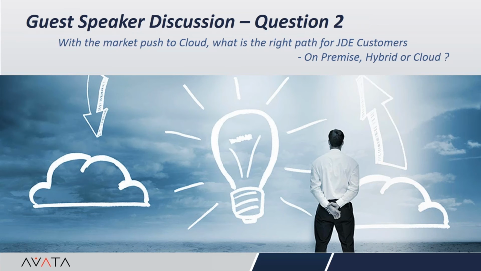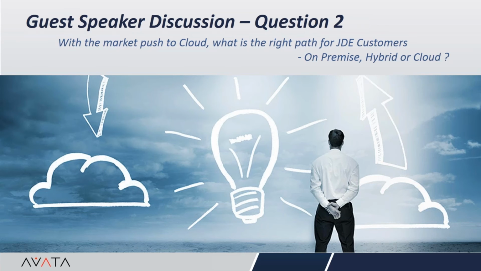Well, I think the right path could be any of those things depending on who the customer is. So a customer could say that the hybrid model makes a lot of sense for my business, but maybe I want to get out of the data center operations business. So I'm going to run my JD Edwards on an infrastructure as a service model. Maybe I'm that large construction customer and I'm doing a lot of hiring, firing, bringing in new management, evaluating talent, and Taleo makes sense for my business.